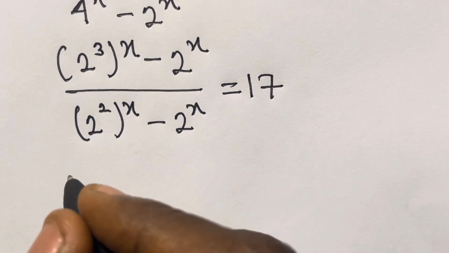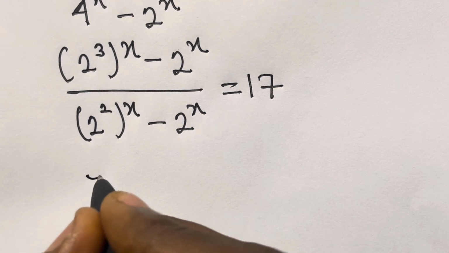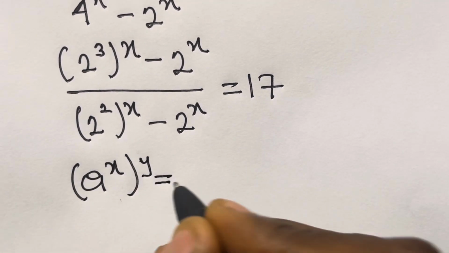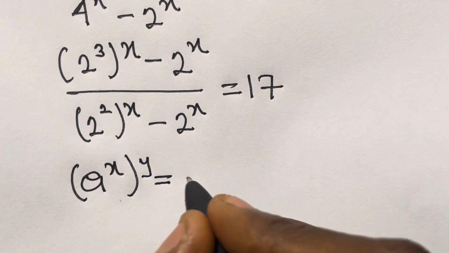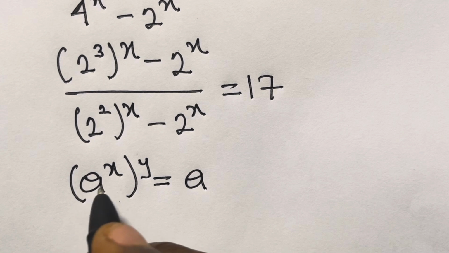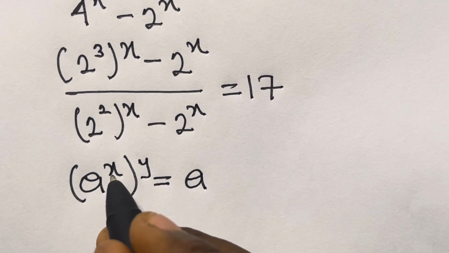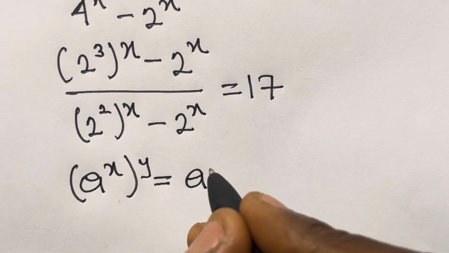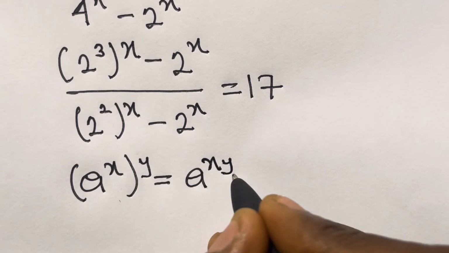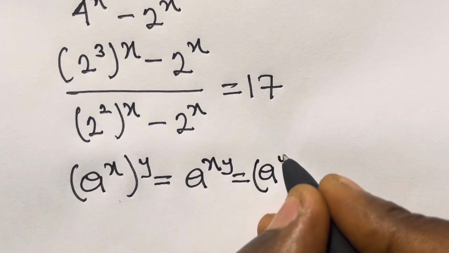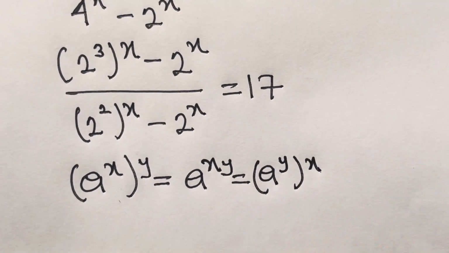But recall that if you have a raised to power x multiplied by y, we multiply the powers. This is the power law. When a number raised to a certain power is again raised to another power, the powers are multiplied. So we have x times y, that is xy, which is the same as a raised to power y, raised to power x.